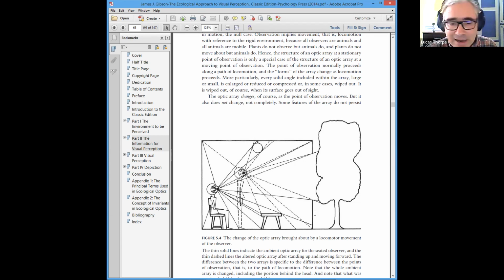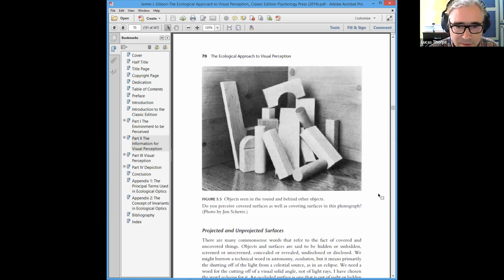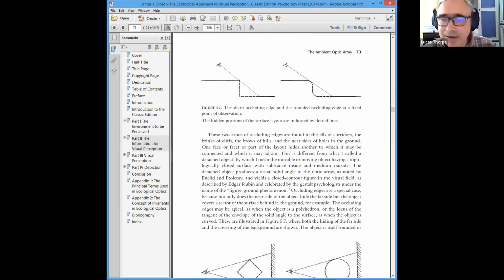Now, as one moves, when there's an occluding edge, like a cliff edge or a step, suddenly you're going to have stuff coming into view.